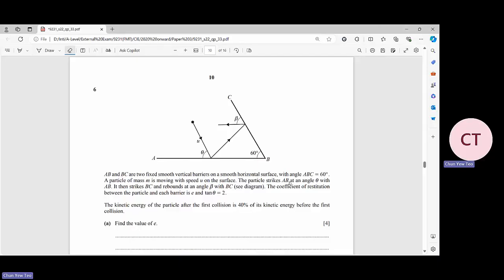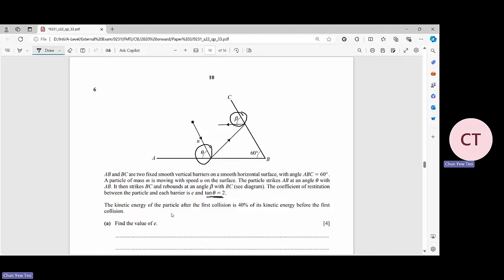The particle strikes AB at the angle theta with AB, and it then strikes BC and rebounds with the angle beta with BC. The coefficient of restitution between the particle and each barrier is e, and tan theta is 2.